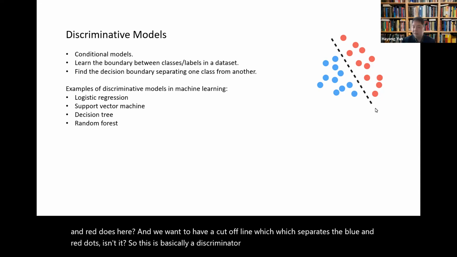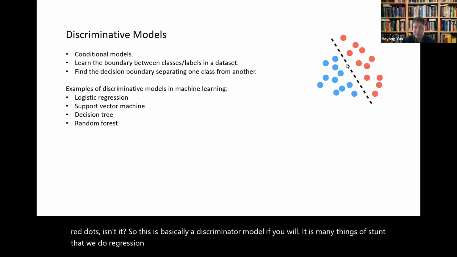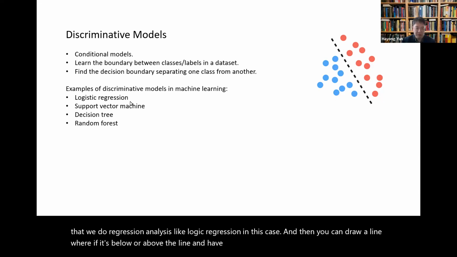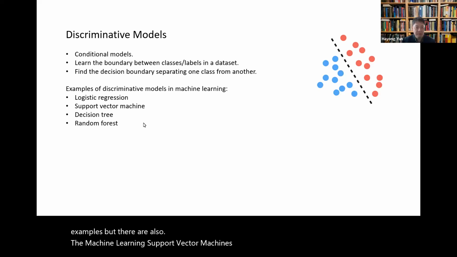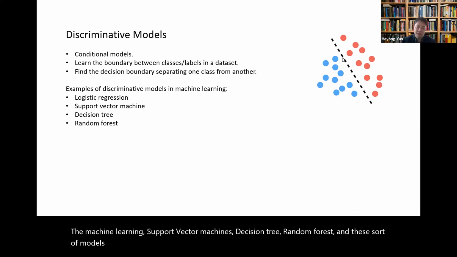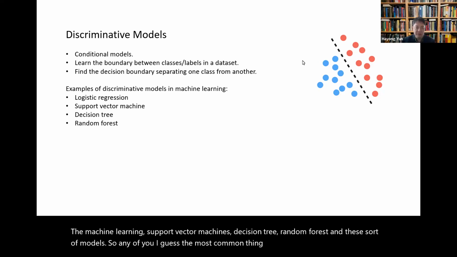It includes many things we do in regression analysis, like logit regression, where you can draw a line and see if a point is below or above it. These are the typical examples, but also support vector machines, decision trees, random forests, and these sorts of models. So I guess the most common thing for you is regression.